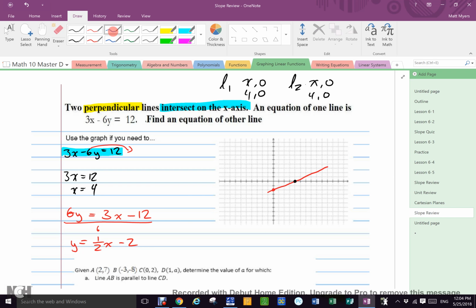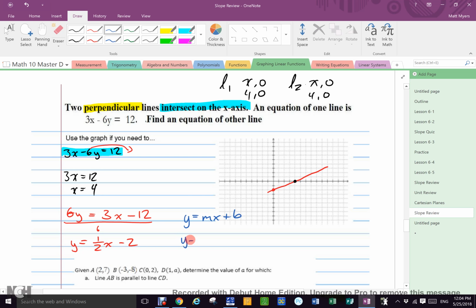I know the slope is reciprocated, right? And is that other line made of y's and x's? Every line is made of y's and x's, right? So, line 2 must be y equals mx plus b, correct? Do I know the m? It's -2, right?